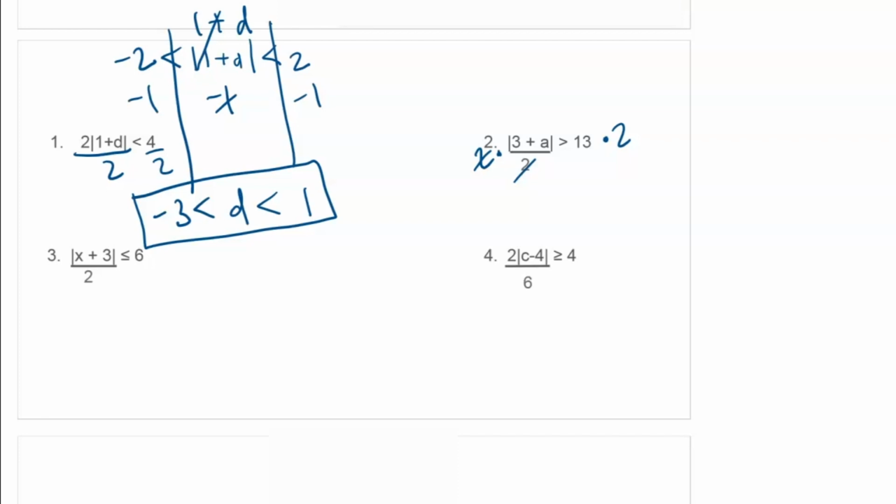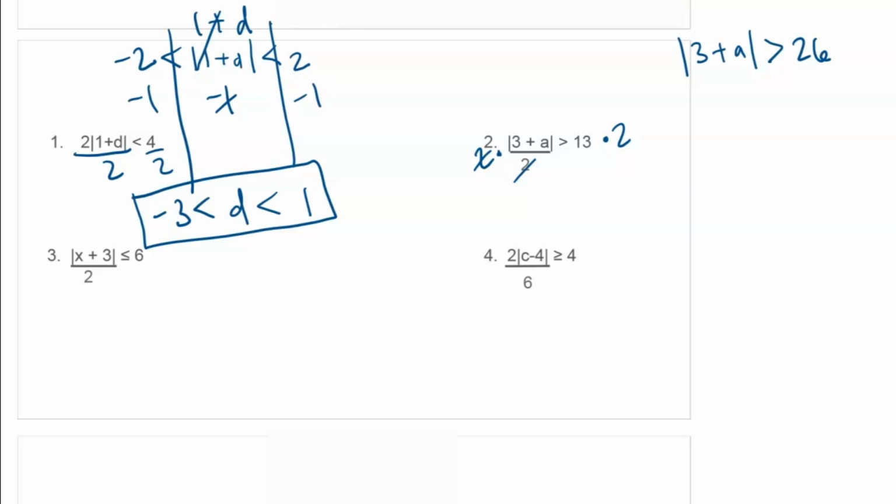That's what's happening mathematically, but 1 times anything is that thing, so it doesn't matter. So then I'm going to come up here again. The absolute value of 3 plus a is greater than 13 times 2 is 26. So now I've got the absolute value by itself.